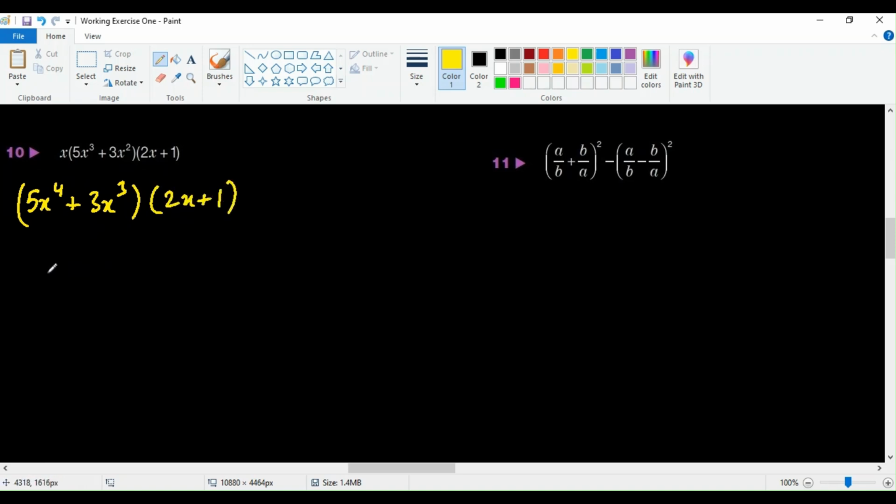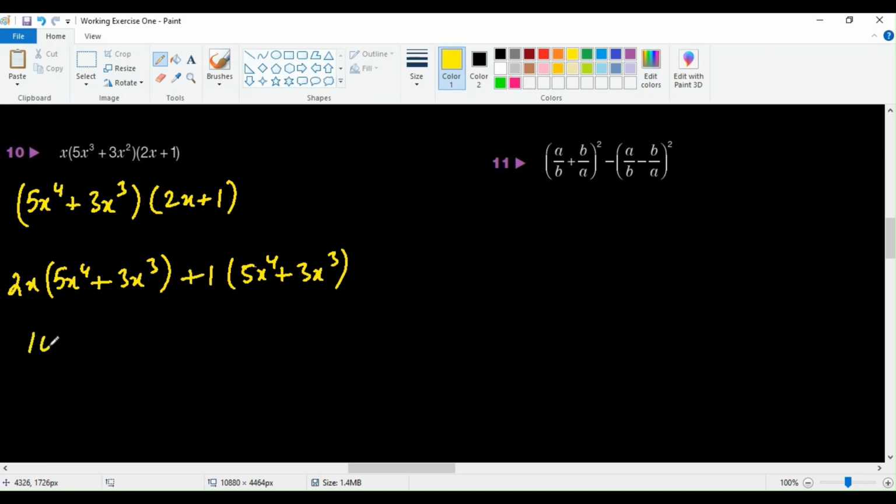I will write 5x power 4 plus 3x cube two different times, and the first one is going to be multiplied by 2x and the second one is going to be with the plus 1.